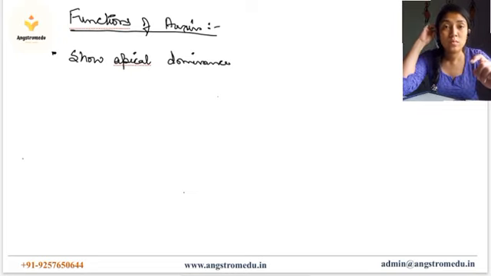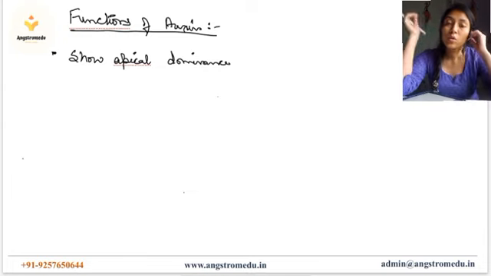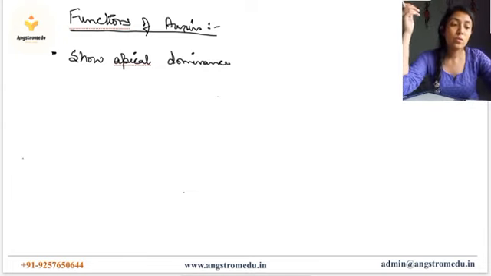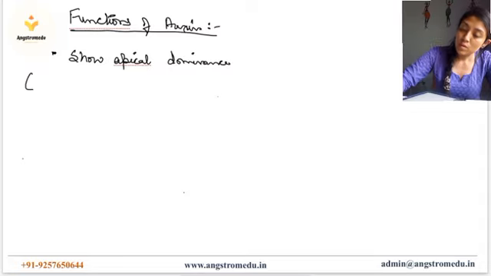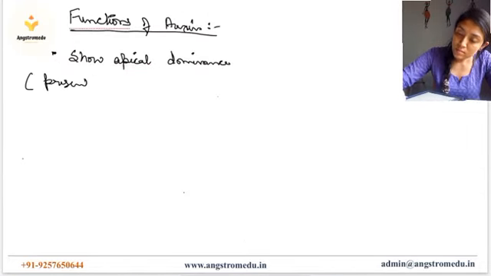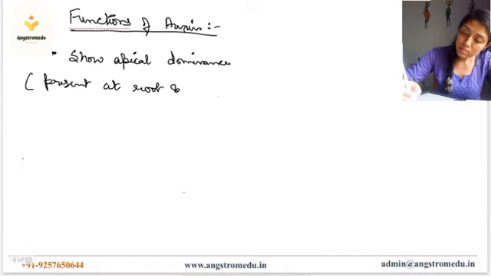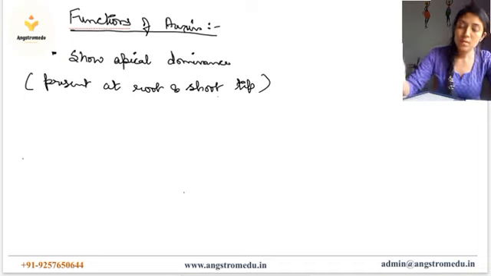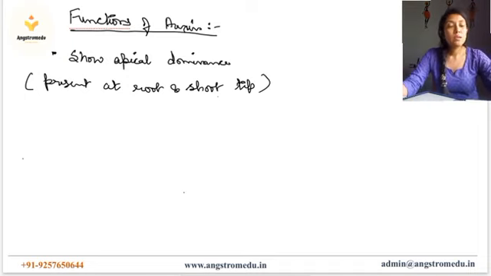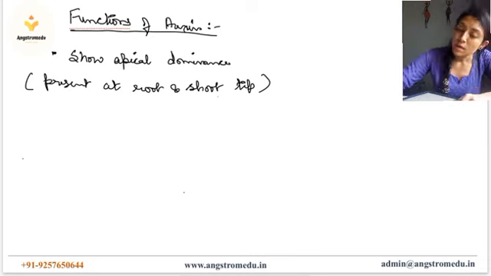They are responsible for increasing the overall length or height of your plant. They are present at the root and shoot tip of plants and responsible for increasing the overall length of a plant.